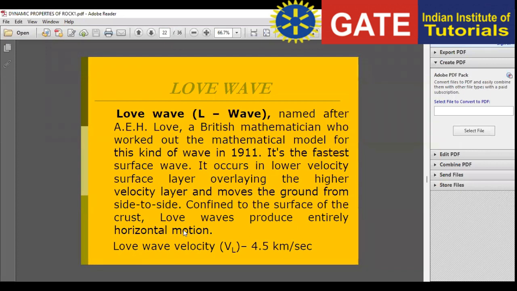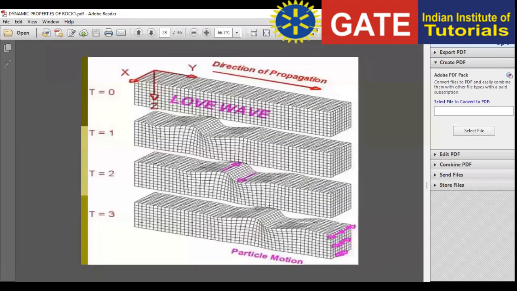The Rayleigh wave produces vertical-plane elliptical motion, whereas the Love wave produces entirely horizontal motion, and it is the fastest surface wave. Love wave velocity is approximately 4.5 km/s. Okay.